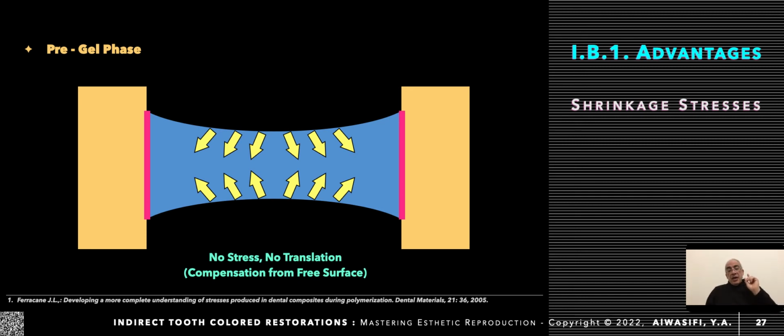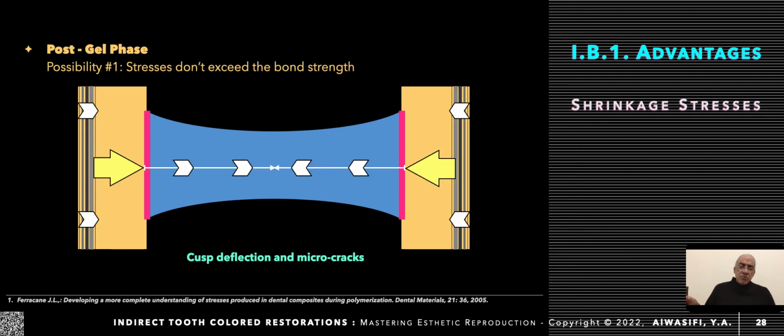But when the material can no longer undergo much deformation and passes the gel point, you have two possibilities. The material now adheres to the cavity wall and tries to shrink towards the light, because the light is now the area of the most active initiation.